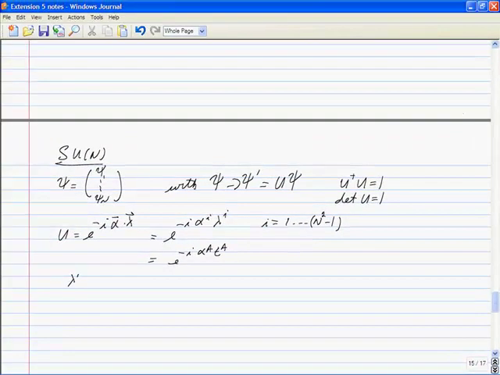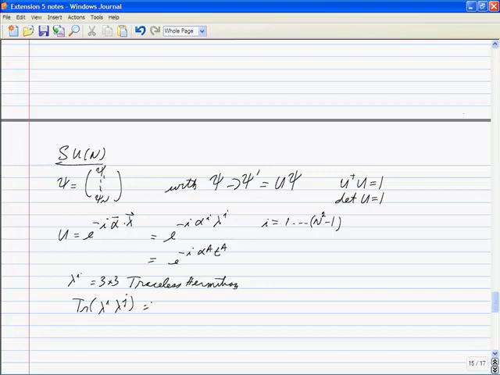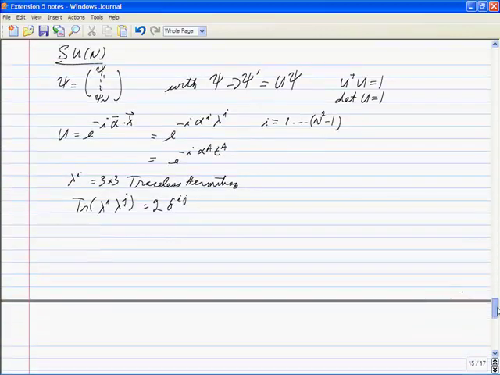The lambda i are n by n traceless Hermitian matrices. They satisfy trace lambda i lambda j is 2 delta ij by convention. Just like the Pauli matrices, it's the convention. Yes, it's 2, not n.